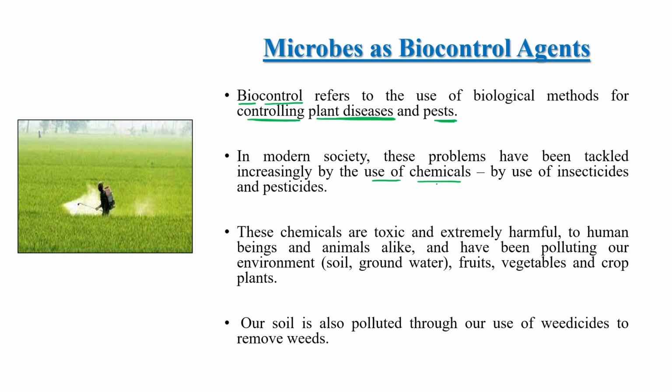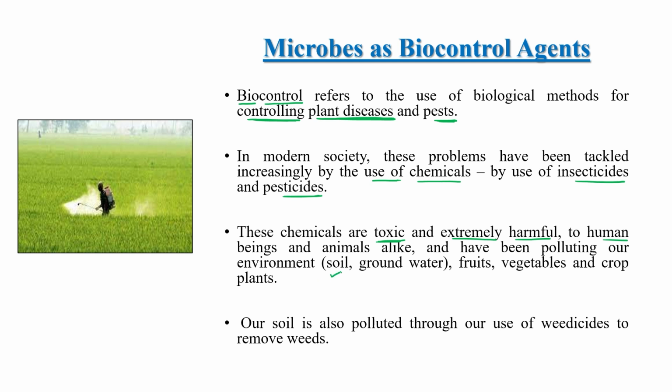In modern society, this problem has been tackled increasingly by the use of chemicals, by the use of insecticides and pesticides. But these chemicals are very toxic and extremely harmful, not only for humans and other animals, but also for our environment.